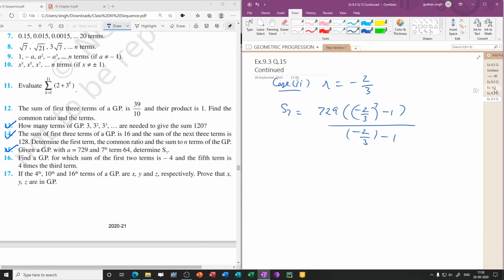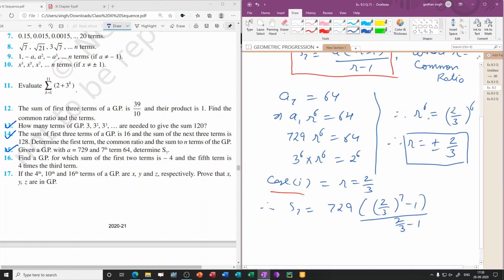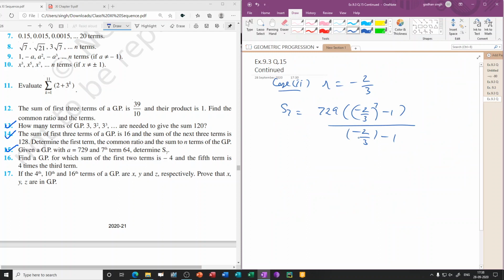How did we get this? We saw in the earlier page that when case 1 r equals 2 by 3, this is what we got. We just have to replace 2 by 3 with minus 2 by 3.